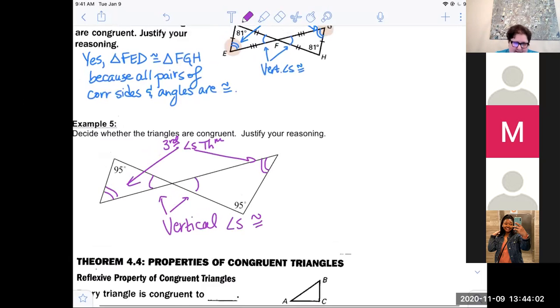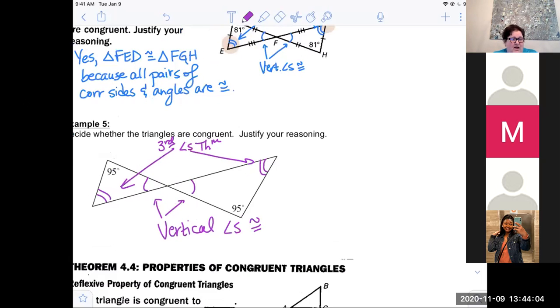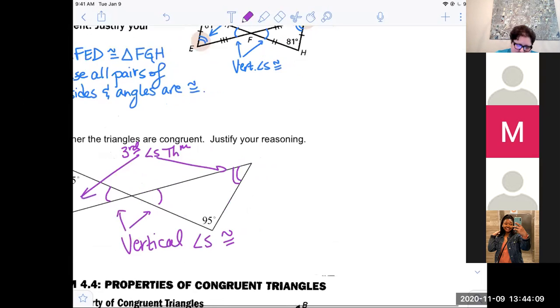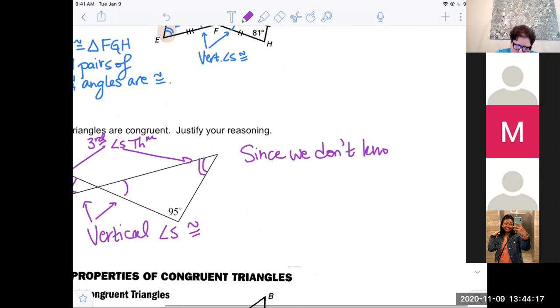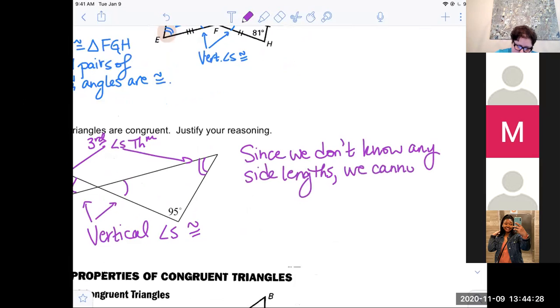Okay, so it's not really that we know that they're not congruent, just we can't tell if they are. Since we don't know any side lengths, we cannot determine whether the triangles are congruent.